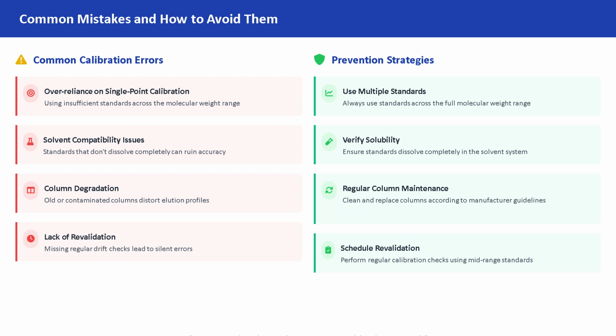Use multiple standards covering your entire molecular weight range. Confirm that standards dissolve completely. Perform routine column maintenance and schedule regular calibration checks. Remember, in GPC, accuracy depends as much on discipline and care as it does on mathematics.